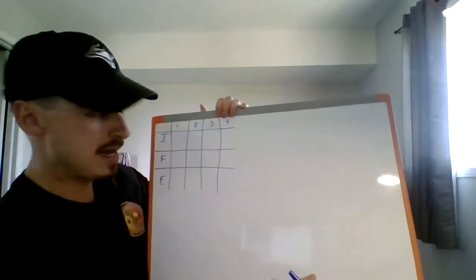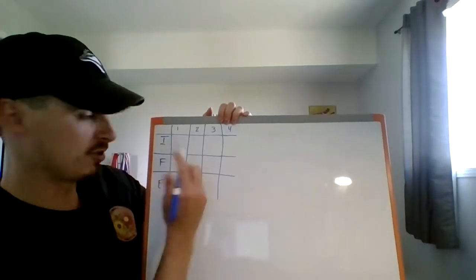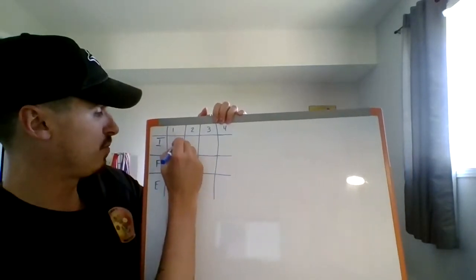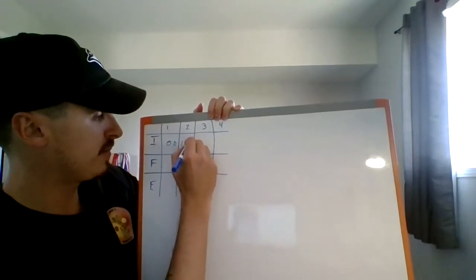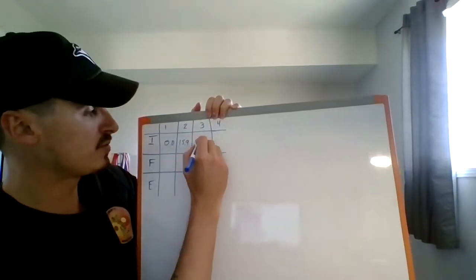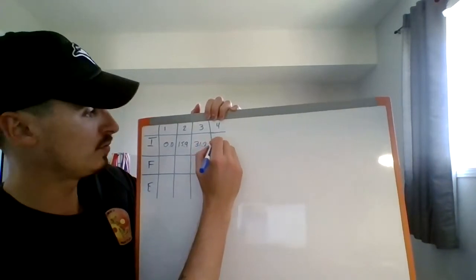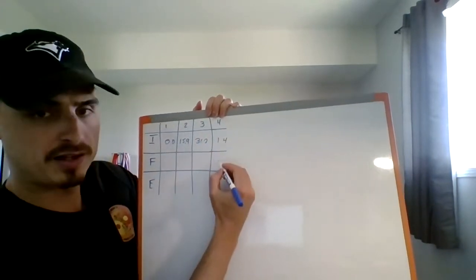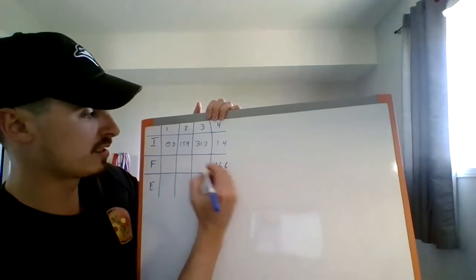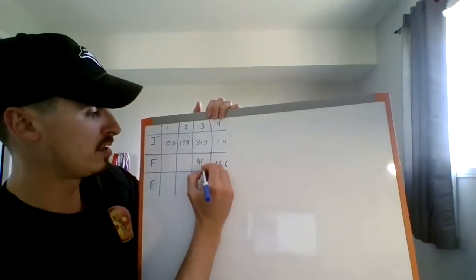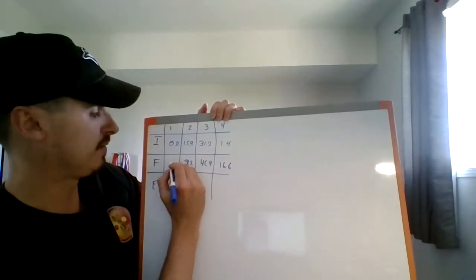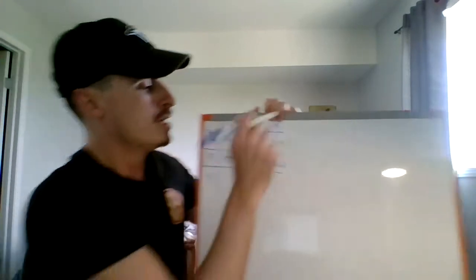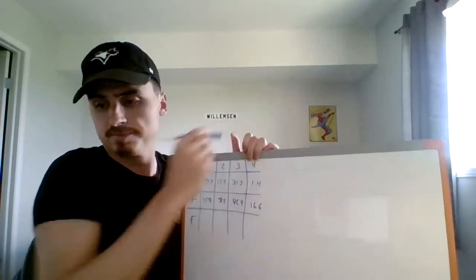Now, the initial here says 0.0, then it says 15.9, 31.2, 1.4, finals 16.6, 46.4, 31.2, and 15.9. Okay, so I'm going to explain what each of these numbers mean, okay?